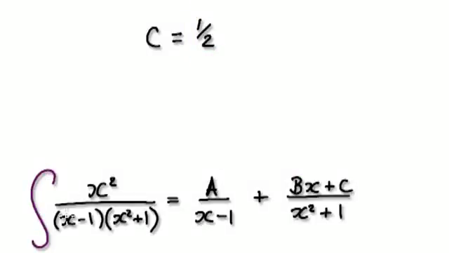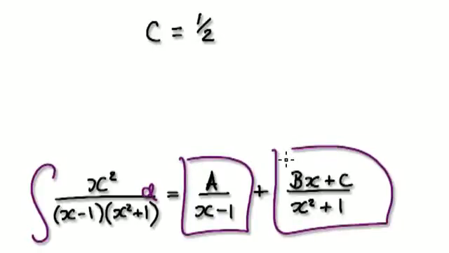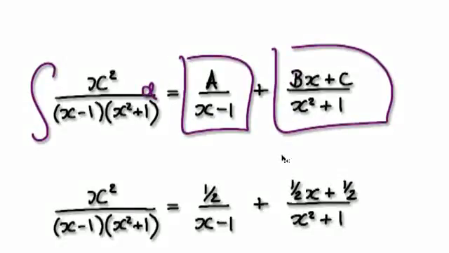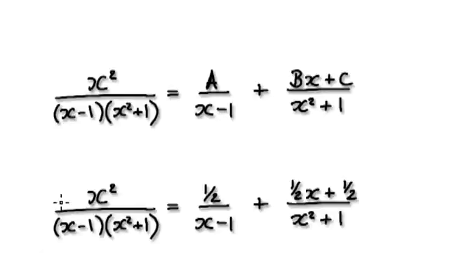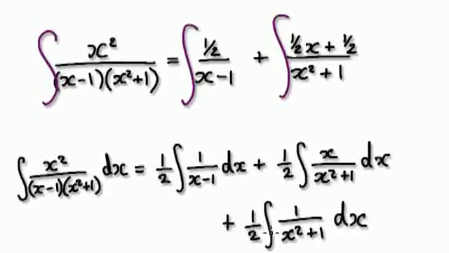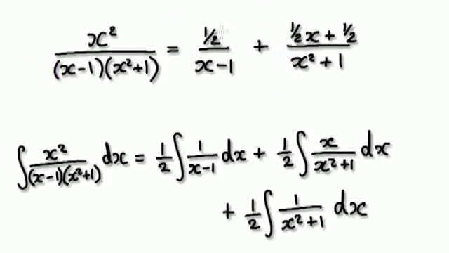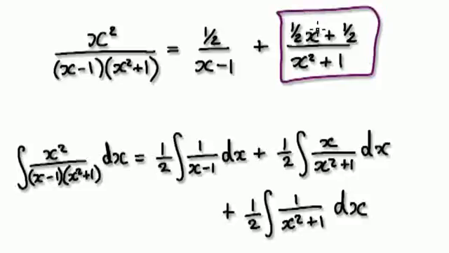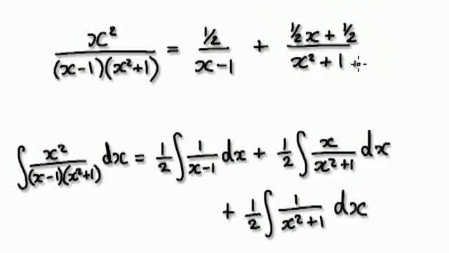So if you want to integrate this, then rewrite it in terms of this. That takes us to here. Now we can concentrate on integrating each part individually. This here is a constant, so take it out. That gives you this, and then this thing here. Break this up into two fractions.